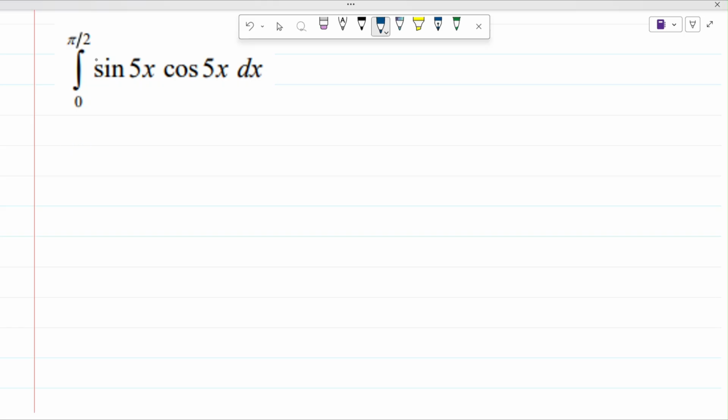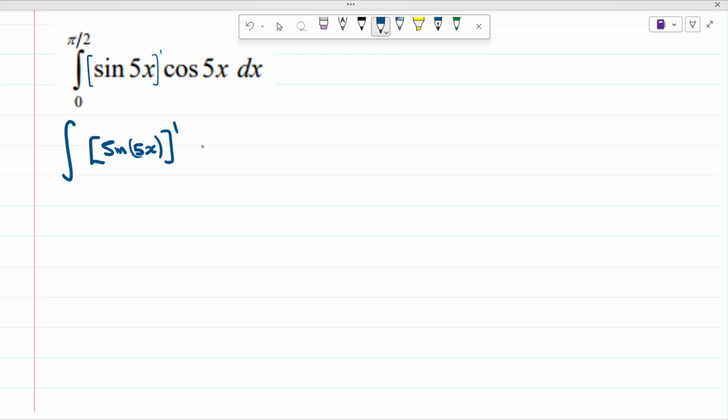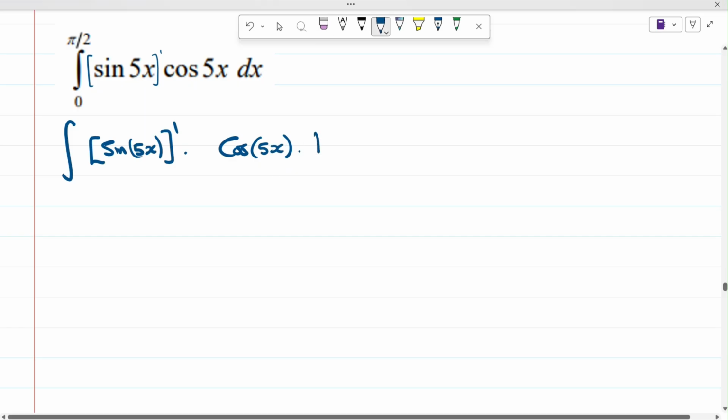Okay, now let's start with the one of making one f of x. So I like choosing sine. If we make this f of x, then can this be f prime of x? Yes, however, it's going to be incomplete, so we need to rewrite this and say sine 5x all to the power 1 multiplied by cos of 5x dx.